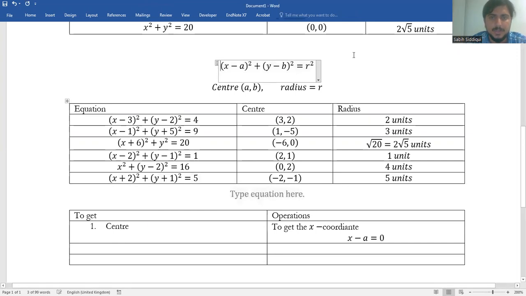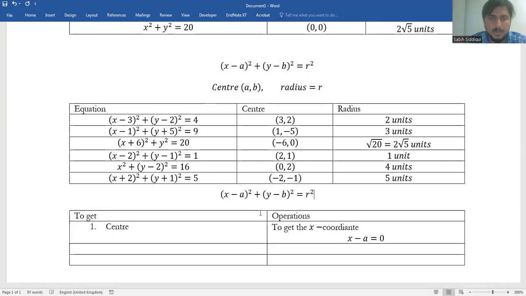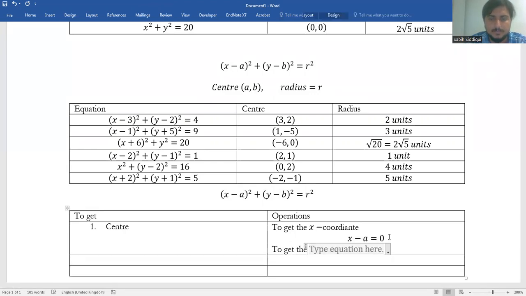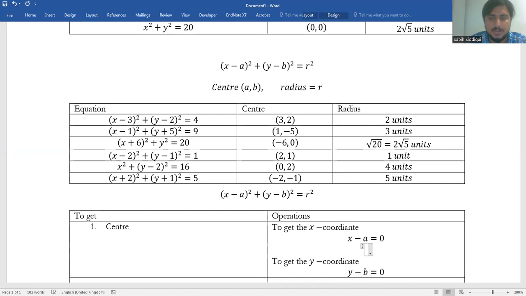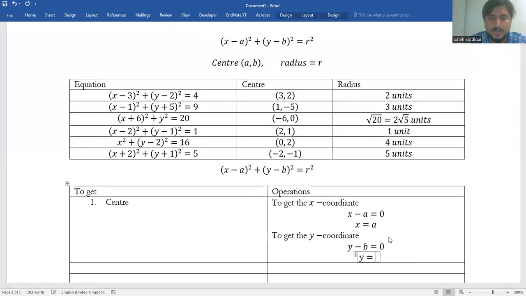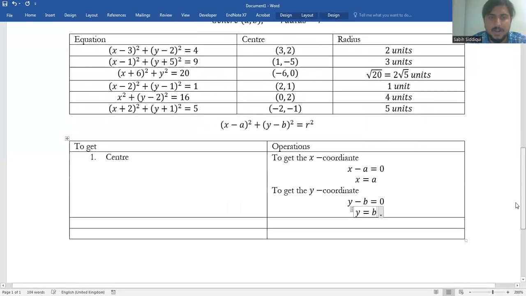Let's write this equation here, plus, and what do we do to get the y coordinate? We take y minus b, whatever is inside the square, and we equate it to 0. So we get the x coordinate as a, and we get the y coordinate as b. So these are the operations that we have defined to get the center.